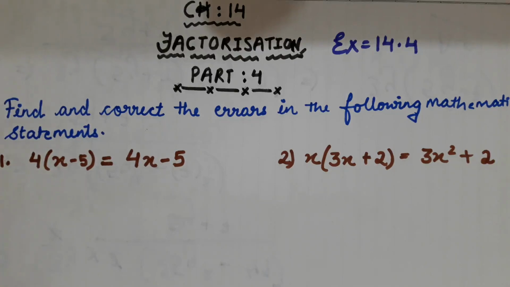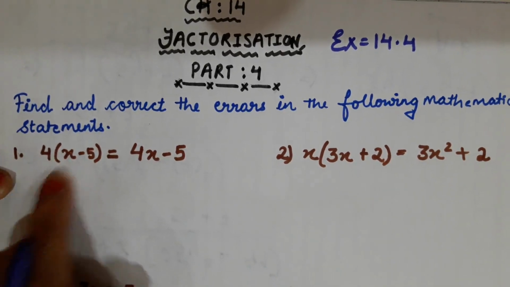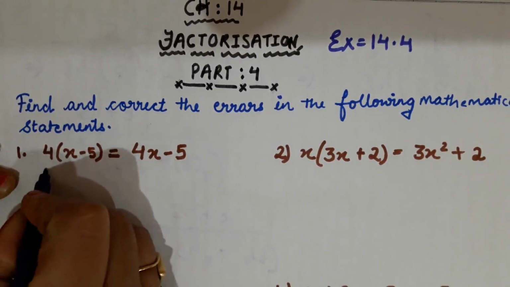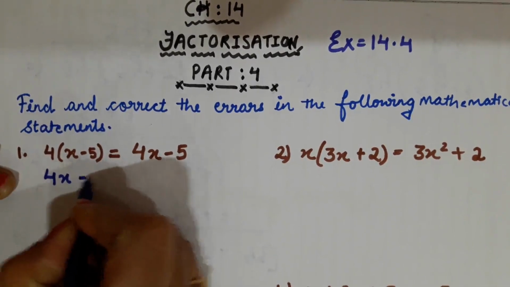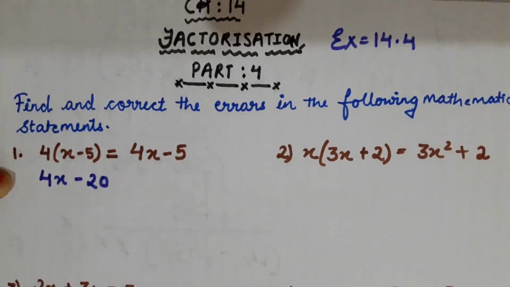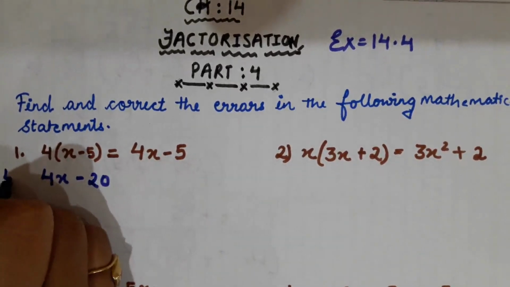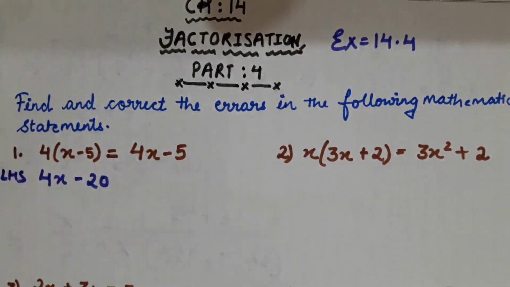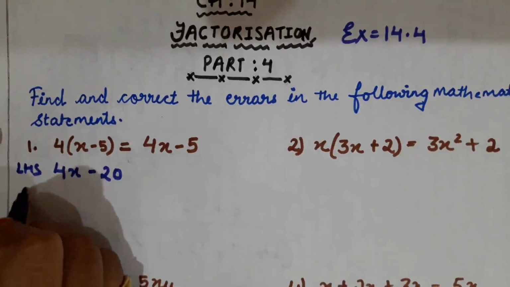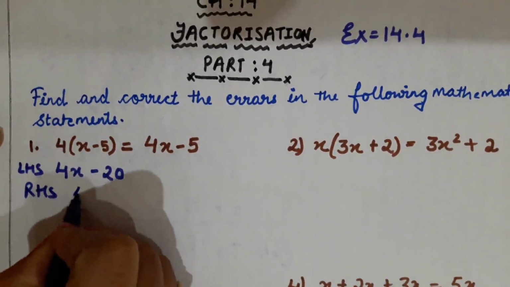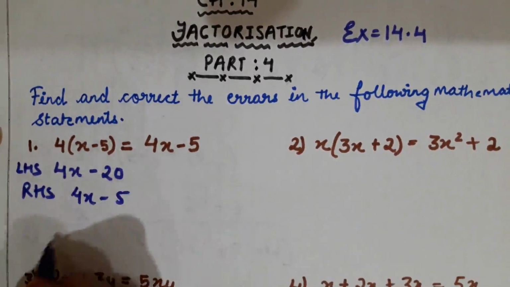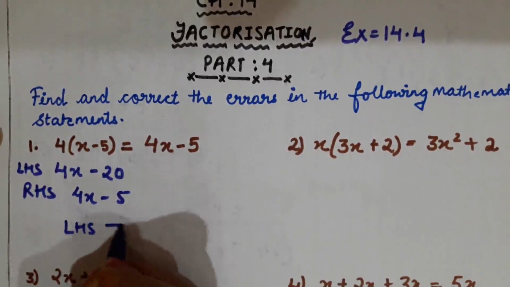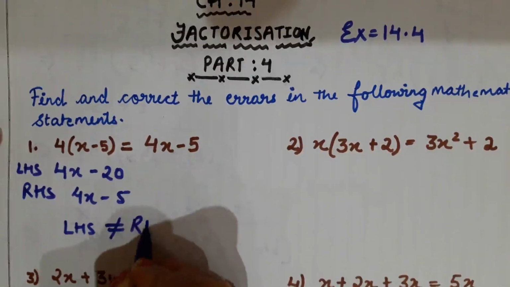So this is your left hand side. Let's solve this. When we open this bracket, we get 4x minus 20. So this is the answer of the left hand side. But in the right hand side we are having 4x minus 5. So left hand side is not equal to right hand side.